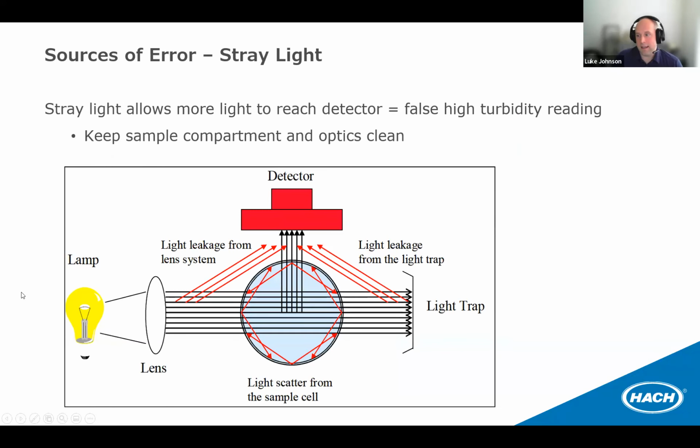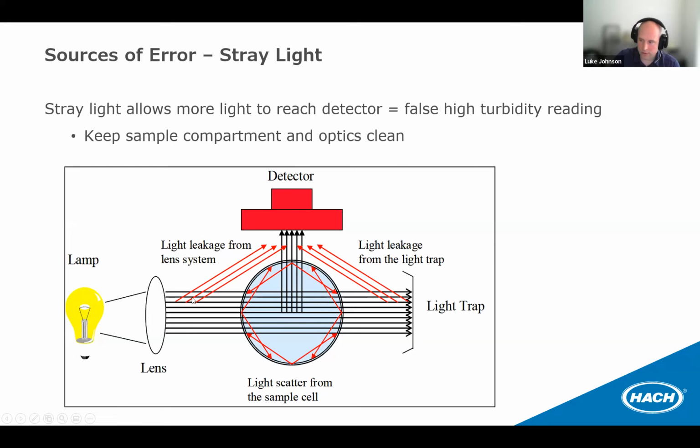This is a diagram of a turbidimeter showing all of the sources where you might get stray light. So this is the detector up here, the 90-degree nephelometric detector. And you can see that in a regular sample, what we want is light coming in to the sample and shining up here. But what we frequently get is light going directly to the detector from the lens.